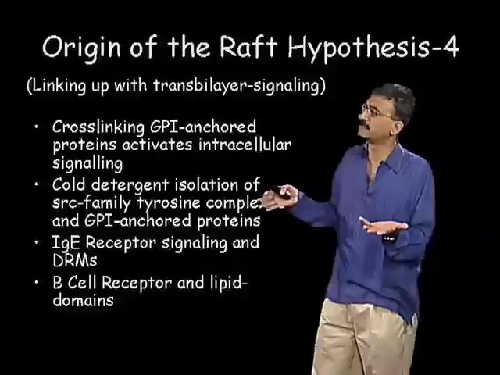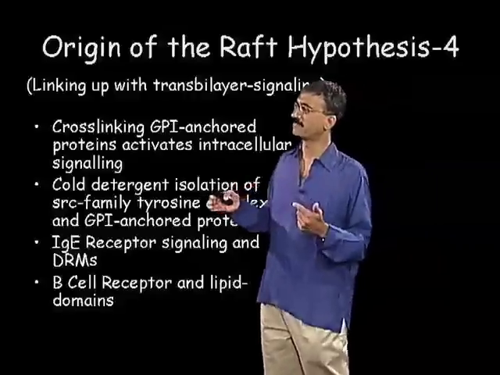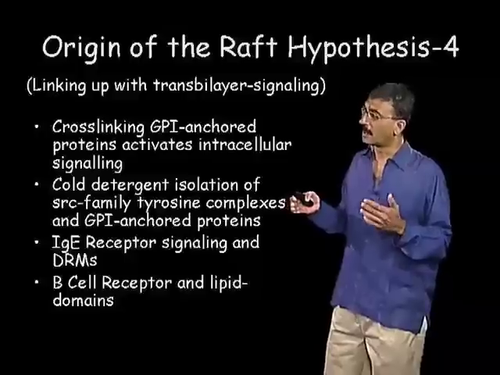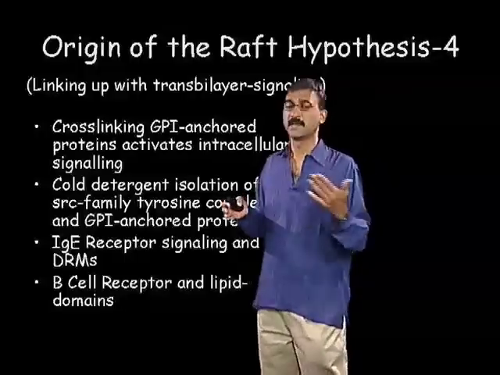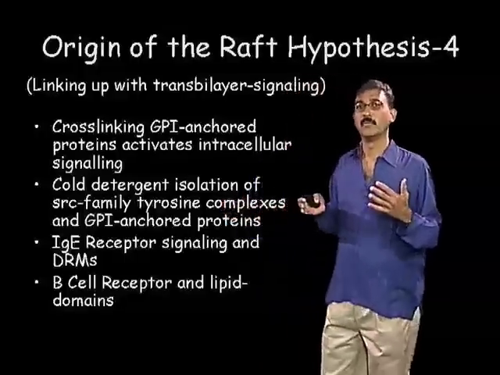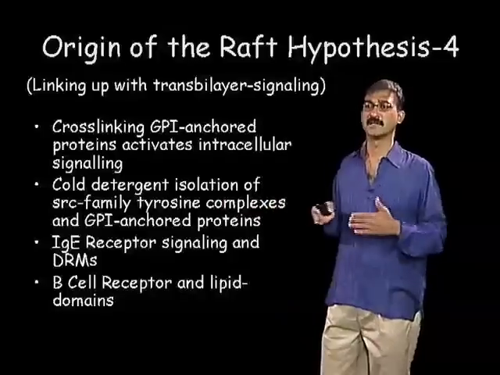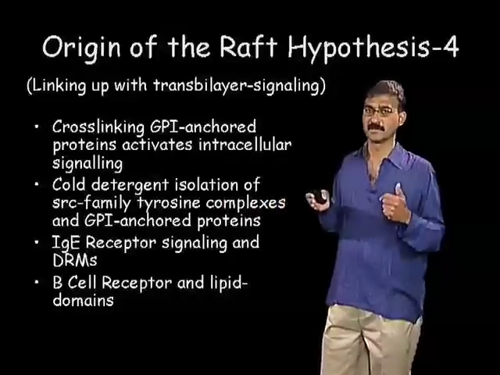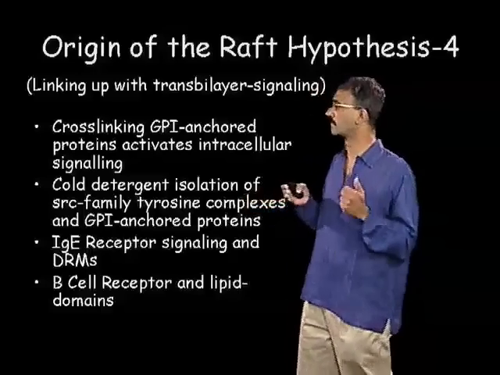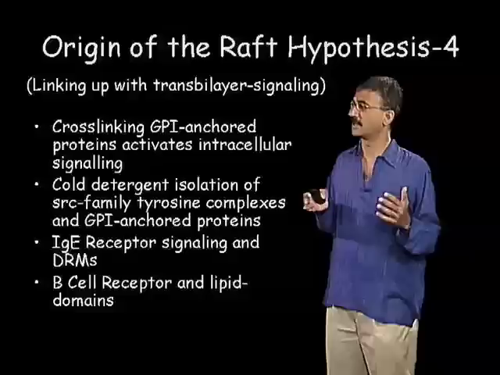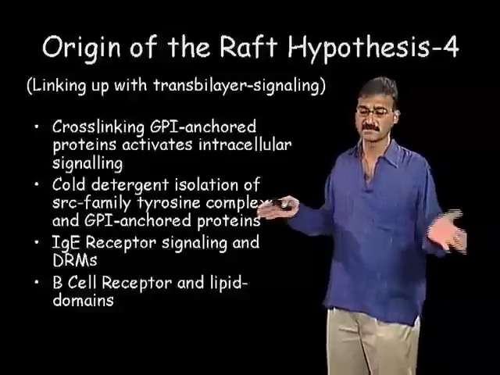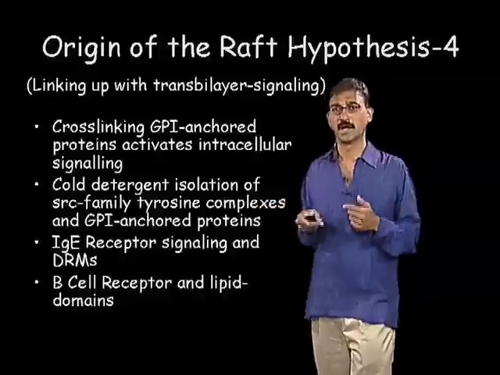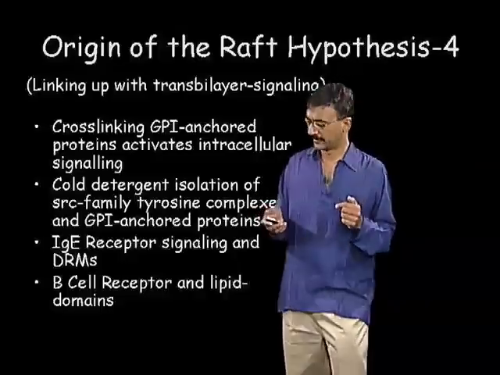And these lipid-linked inner leaflet components were part of the Src family tyrosine kinase complexes. The IgE receptor, that is the immunoglobulin E receptor, was also found in detergent-resistant membranes, and these were important for its signaling activity. The B-cell receptor was also found in these detergent-resistant membranes, and these lipid domains that the B-cell receptor associated with were also thought to be important for the signaling.